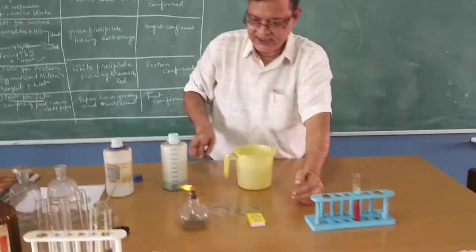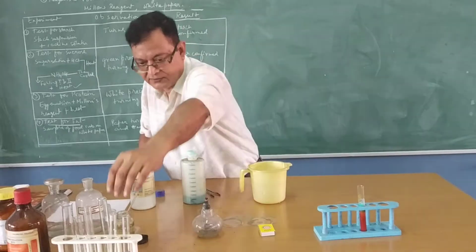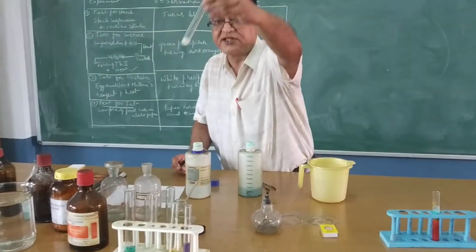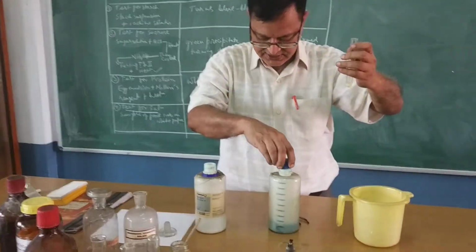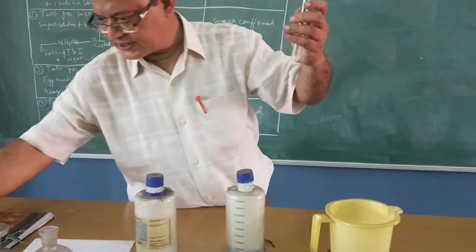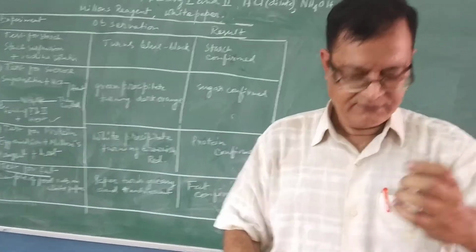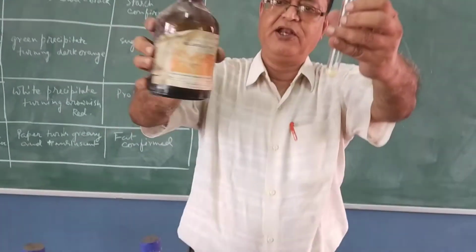Next we will test for protein. This is the protein emulsion. We will add Millon's reagent to it. This is Millon's reagent.